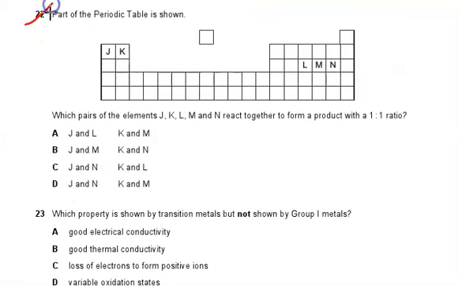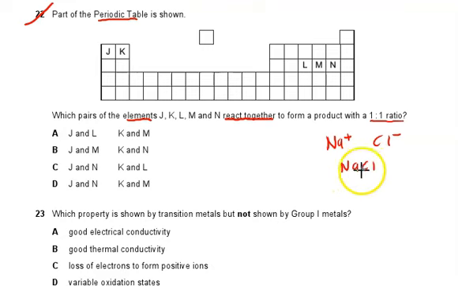Okay, for number 22, part of the periodic table is shown. Which pair of elements J, K, L, M, N reacts together to form a product with a 1:1 ratio? It means that, for example, we have sodium and chlorine. They will form sodium chloride.